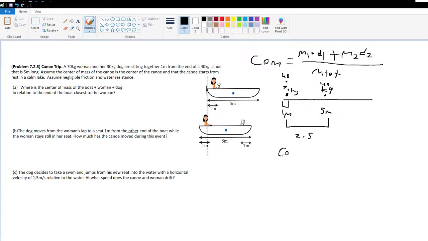Alright, so we're trying to find the center of mass of the canoe, right? Like I said, we're just summing up all our masses times their distances. Our first mass is the woman, 70 kilograms, times 1 meter, plus our dog, which is 30 kilograms, times 1 meter, plus the boat, which is 40 kilograms, times 2.5 meters.